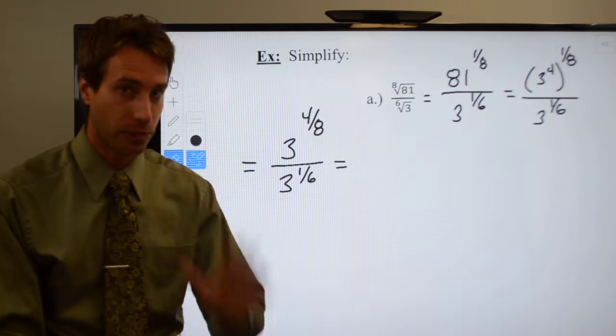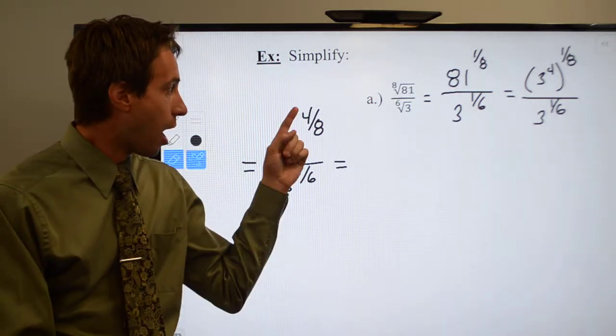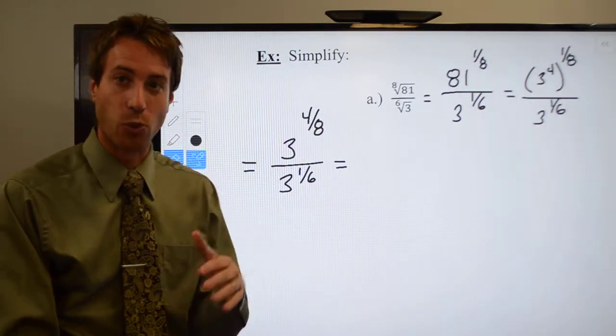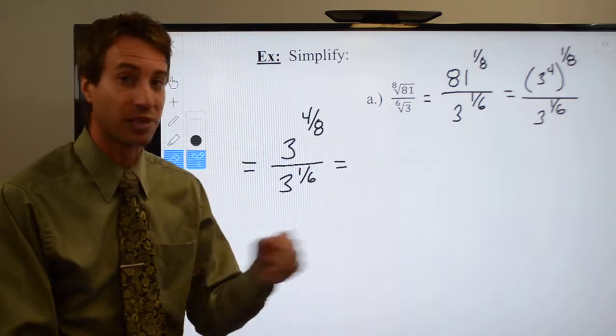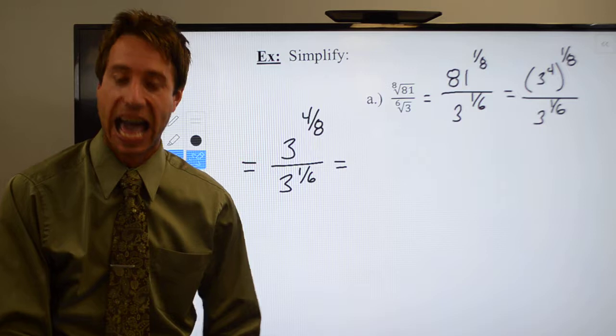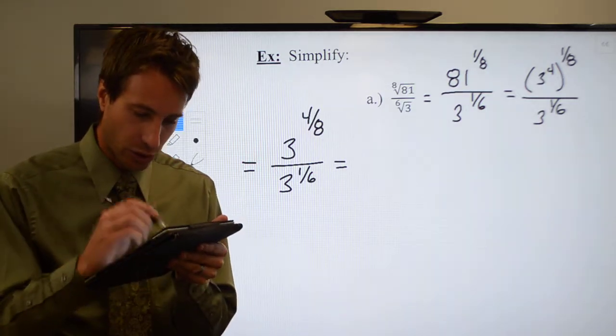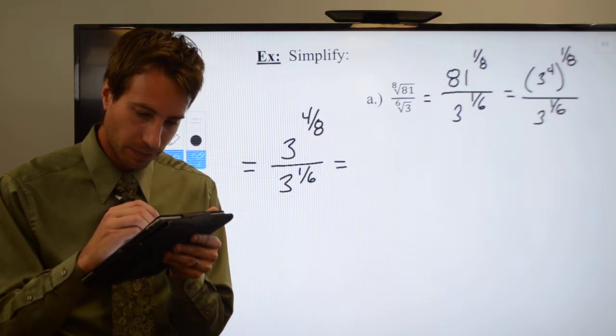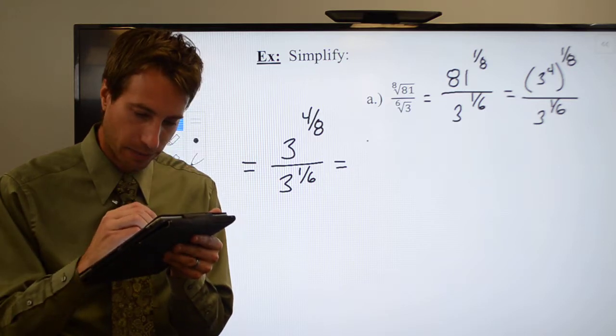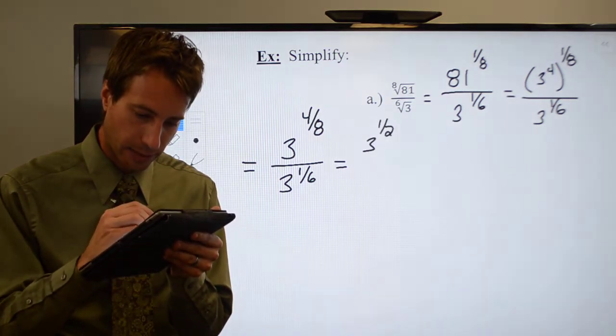I said, and incorrectly, 4/8 can be written as 1/4, which is crazy. I pull a 4 out of both, and this actually would be rewritten as a 1/2. So let's do this again. This would be 3 to the 1/2 power. I'm glad I caught that.